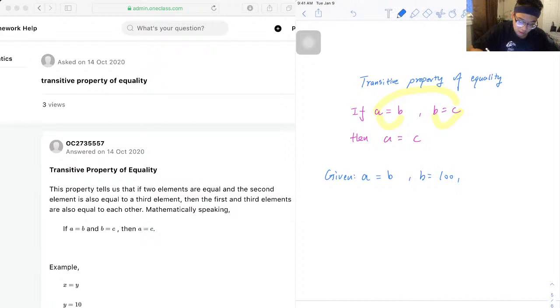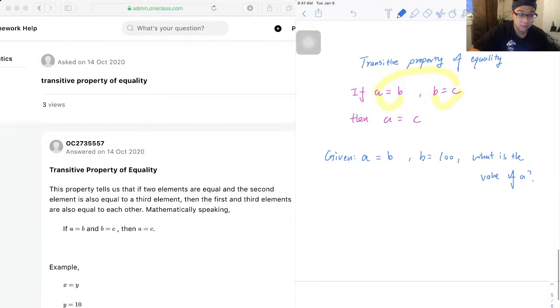And we're asked what is the value of A. So according to the formula, A is equal to B, B is equal to C. So that means A is equal to whatever value B is equal to, and in our case it will be 100. So the value of A will be 100, and that will be the answer for our example.